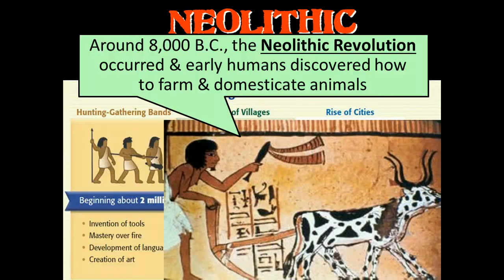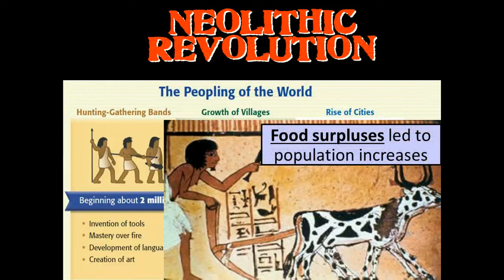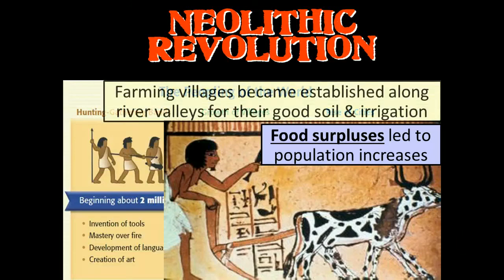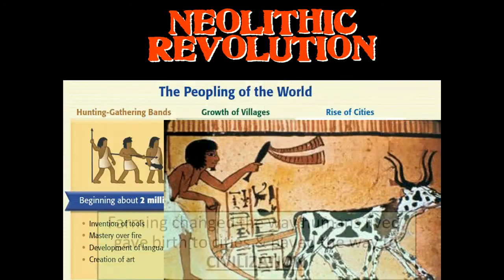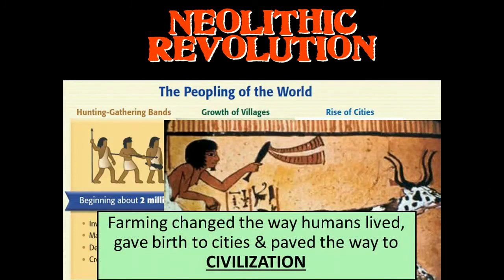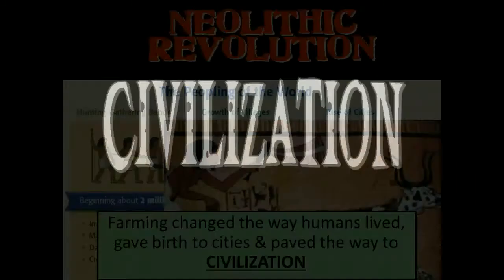And this change dramatically sped up changes that were about to happen. And it led to food surpluses, because with extra food, now we can feed larger populations. Communities can become cities, and cities can become civilizations.